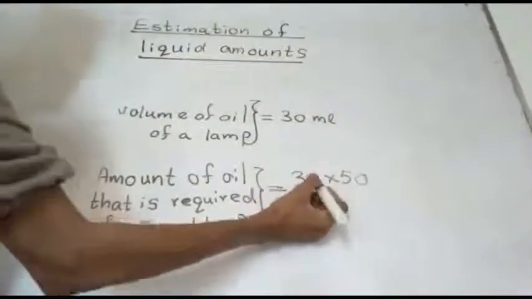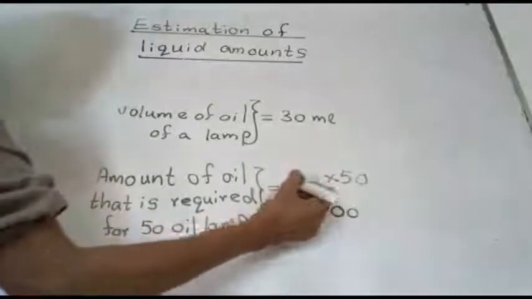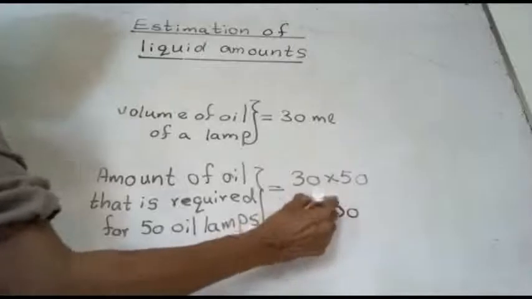Here we write this 0 here. This 0. 3 times 5, 15.